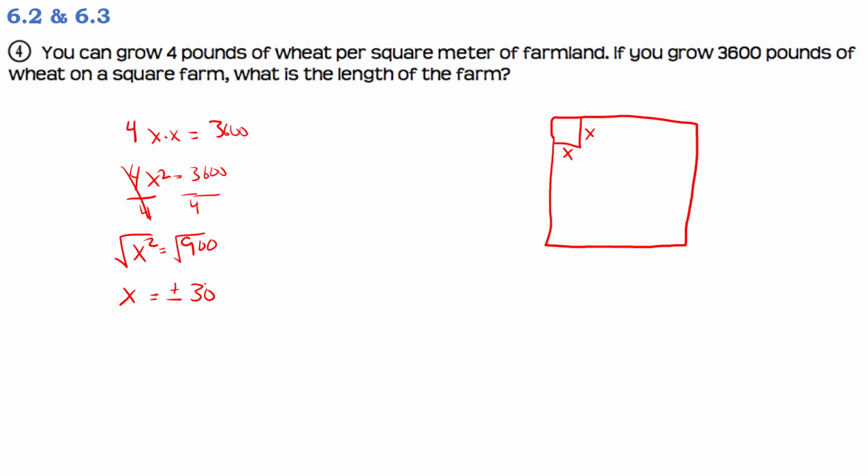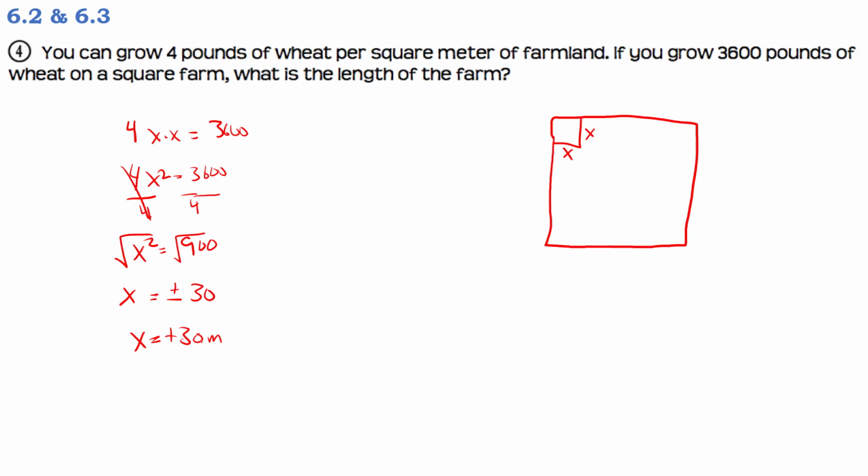In this case, we don't want our x value saying we have negative 30 meters. That wouldn't make any sense, right? So we want x to equal positive 30 meters.